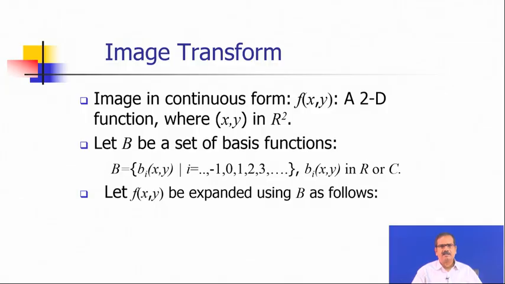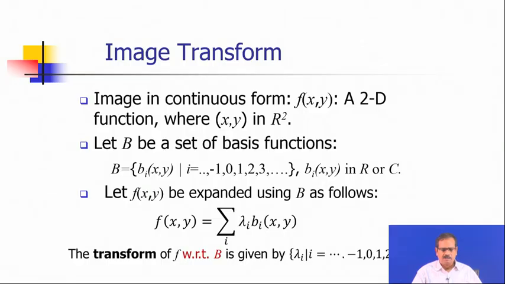We can expand a two-dimensional function f(x, y) using B as a linear combination of these basis functions, as it is given here in this form: lambda_i into b_i(x, y), where i is the index of the basis functions as given in the set.